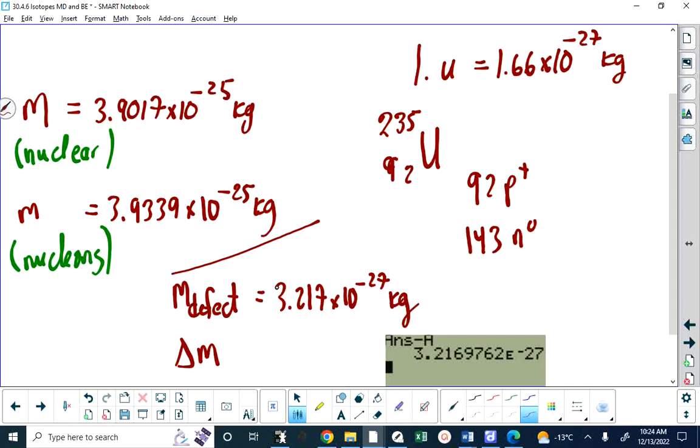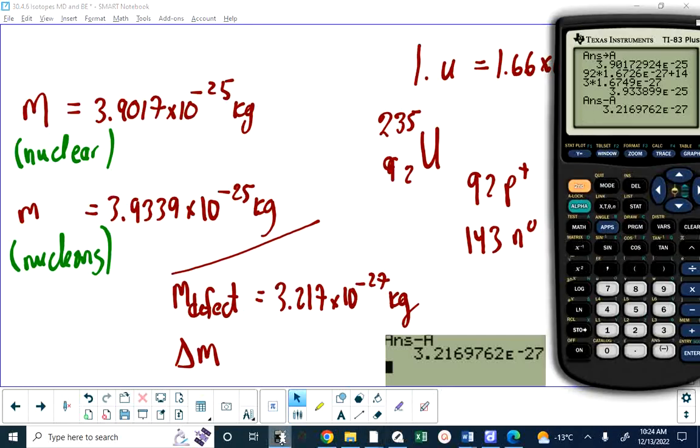So now if I take that and I divide by how big one atomic mass unit is, I get about 1.94 atomic mass units. You get the same number? Okay, good.